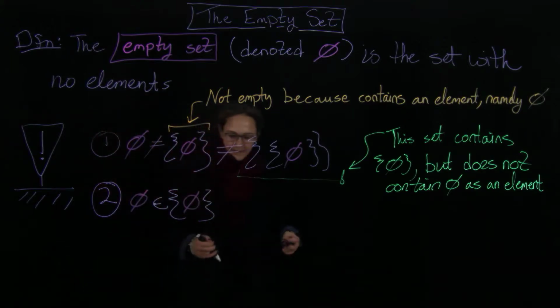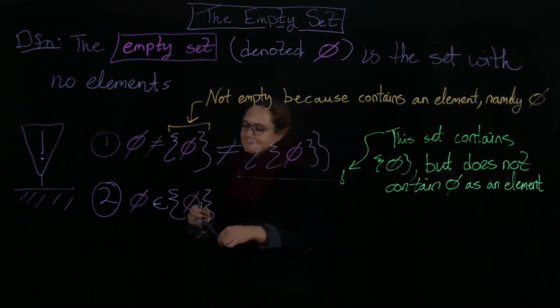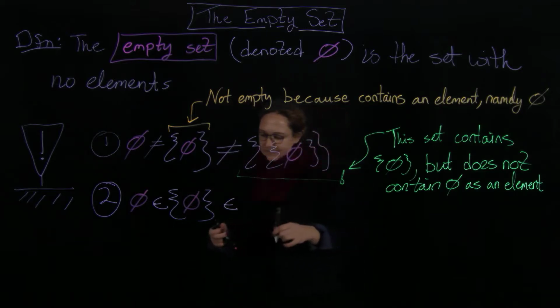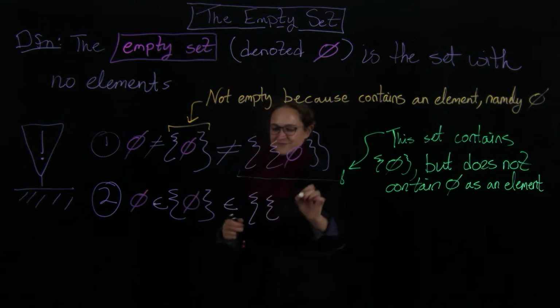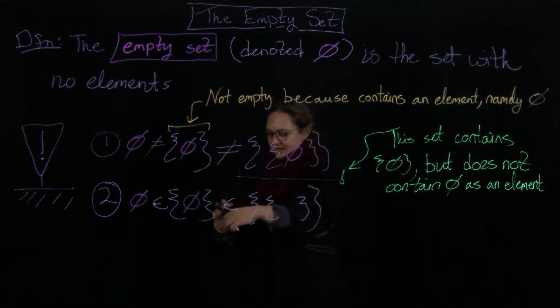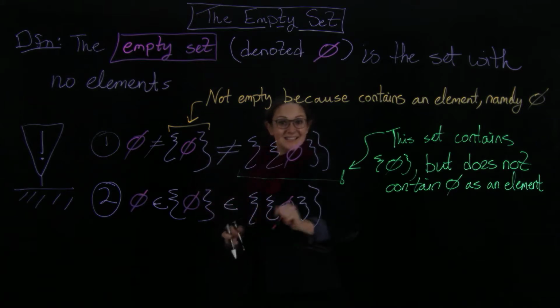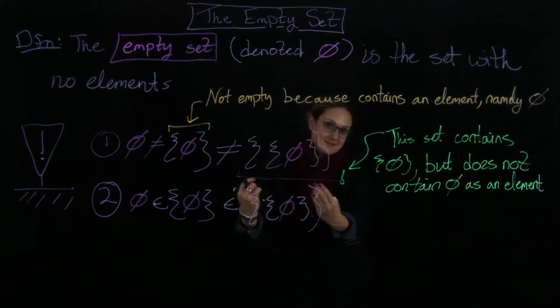And the set that contains the empty set is an element of the set that contains the set that contains the empty set, because it contains the set that contains the empty set.